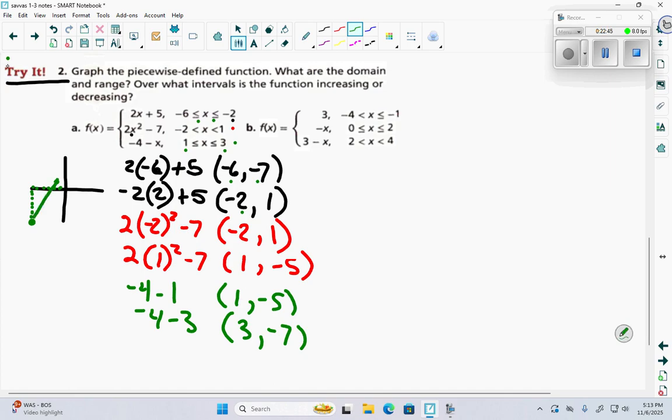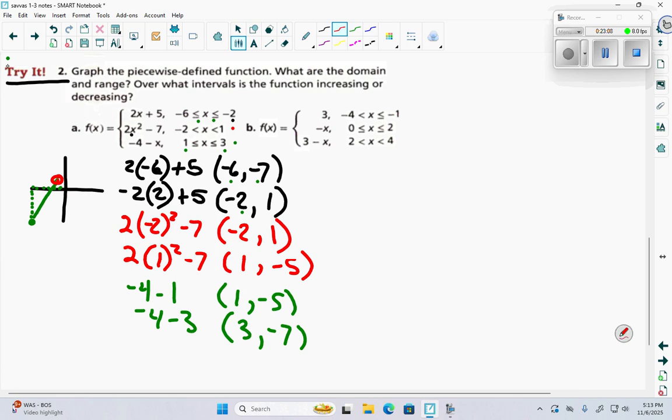My next one's going to be a parabola. So the red one's going to be the parabola. I go over negative 2, which I already had a dot there, and up 1. It's the same point, but that one would be an open circle, with a closed circle below it.